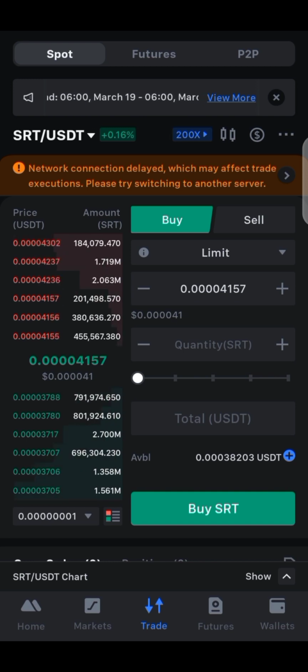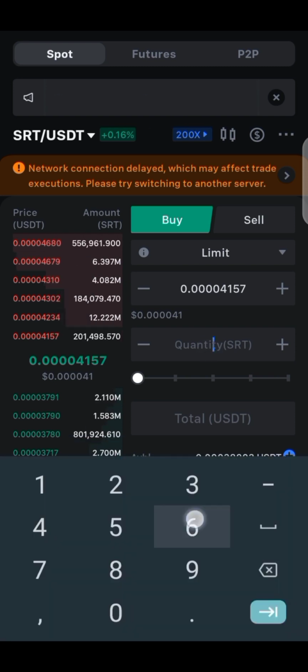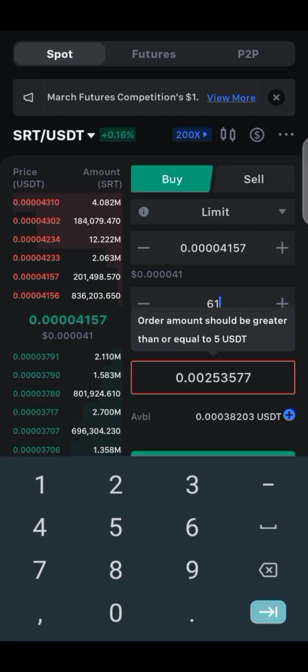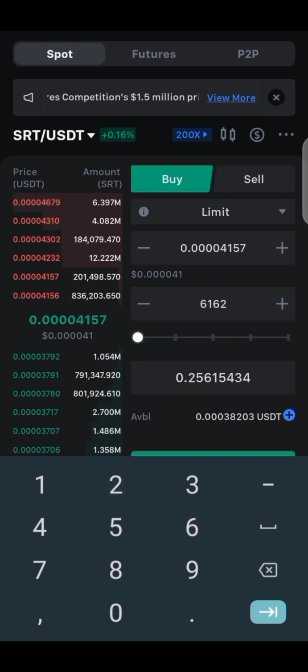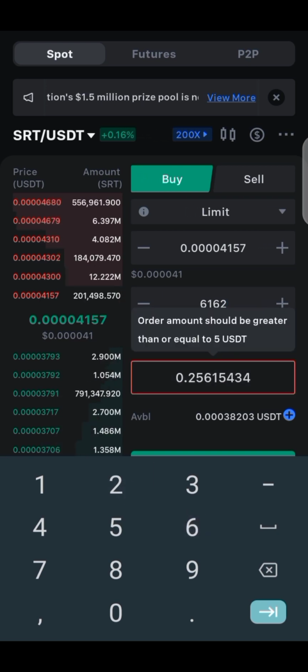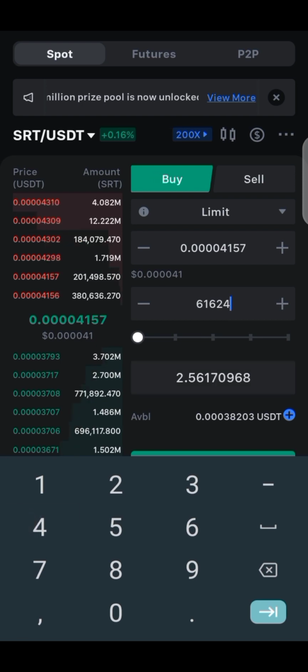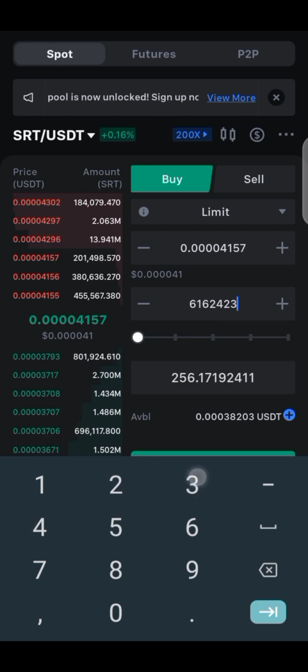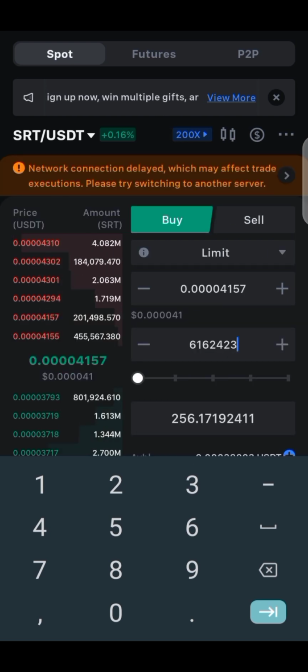So let's first input the amount we have left. It was 6,162,423. You can see we will have a profit of 6 USDT.